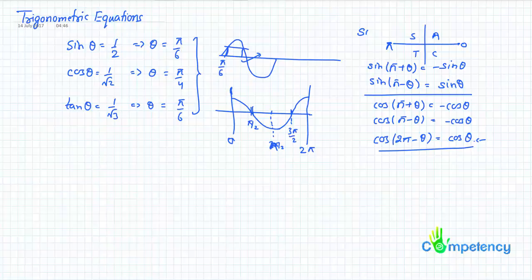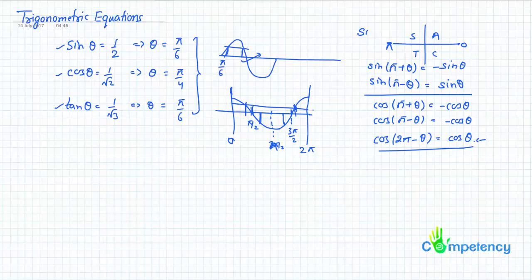So for positive values, we see that if this is theta, this will be 2 pi minus theta. For negative values, we see that one is pi minus theta, and another is pi plus theta. So this is how we actually find the values of theta which will satisfy these given equations.